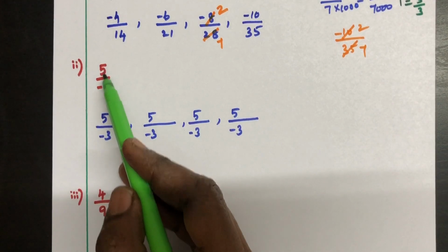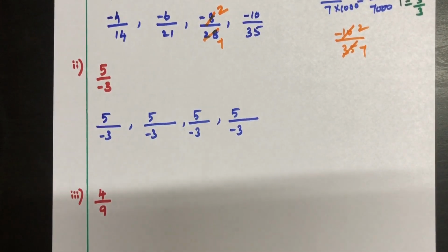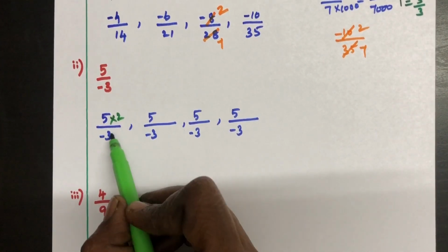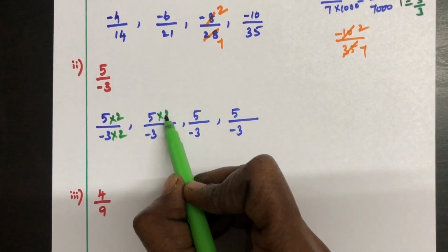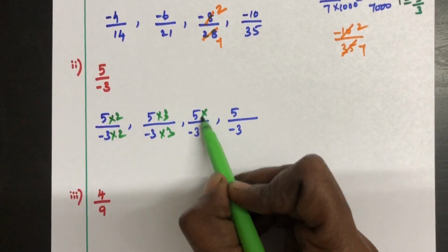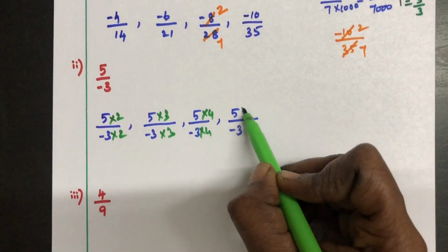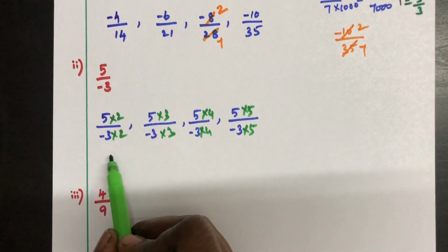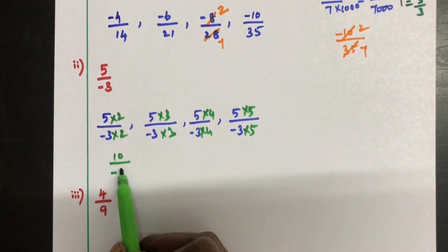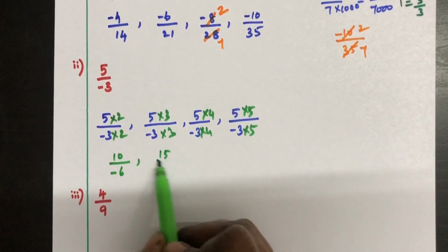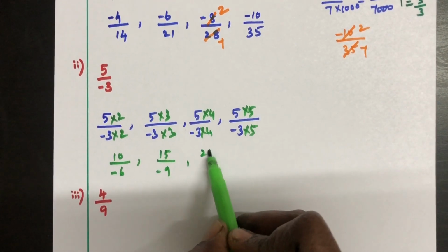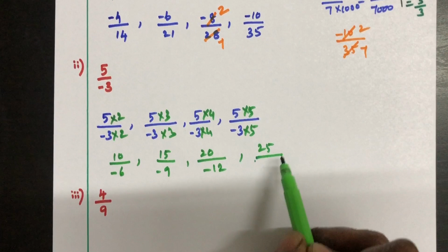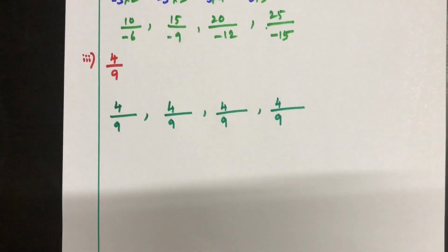Second sum, 5 by minus 3. We are going to give 4 equivalent rational numbers. So just multiply by 2, 3, 4, 5. So what are they? This is 10 divided by minus 6, 15 divided by minus 9, 20 divided by minus 12, and 25 divided by minus 15.